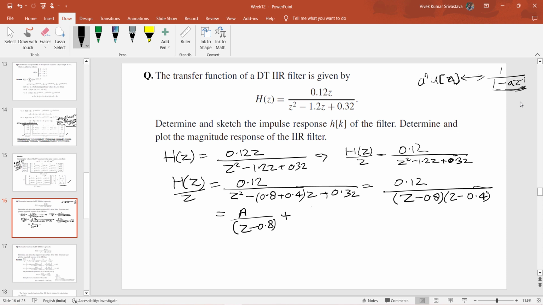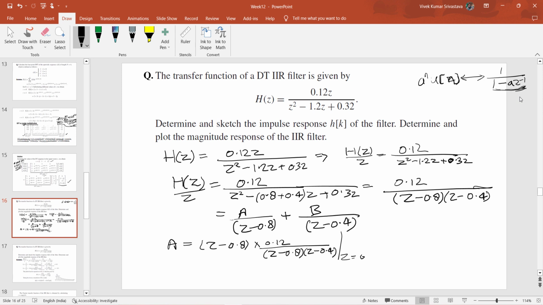So we will use the partial fraction method here to determine the coefficients A and B. We have already seen how to determine these coefficients. Let us first determine the coefficient A, which will be z minus 0.8 into 0.12 over z minus 0.8 into z minus 0.4, at z equals 0.8.